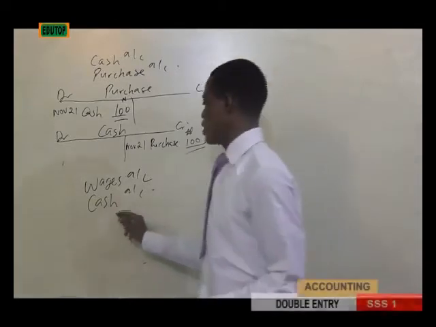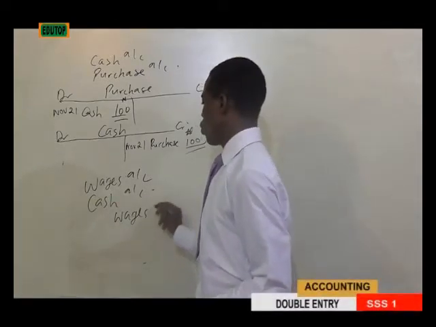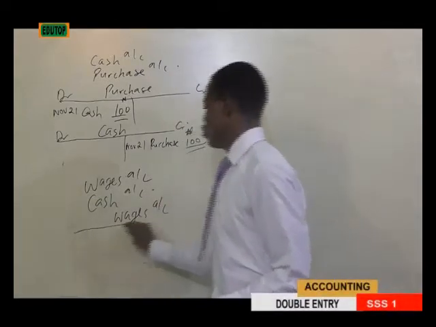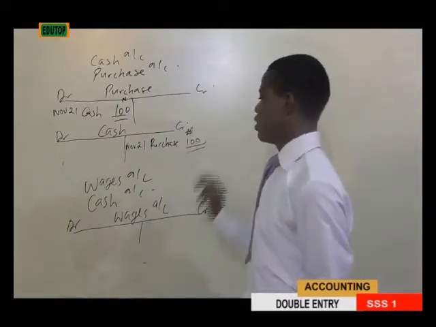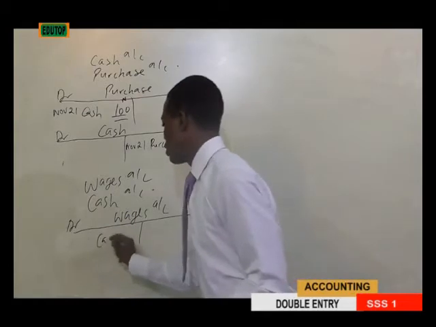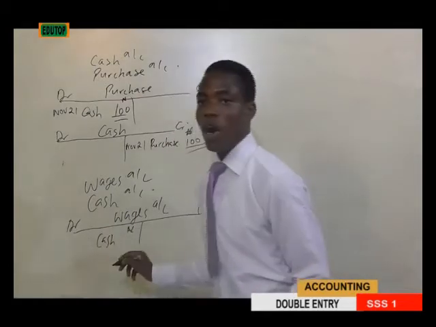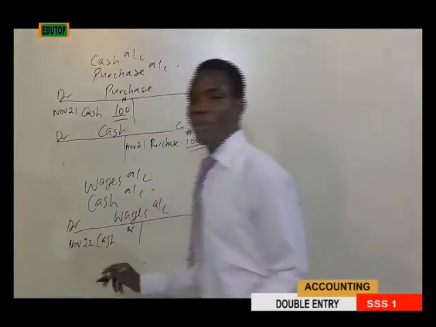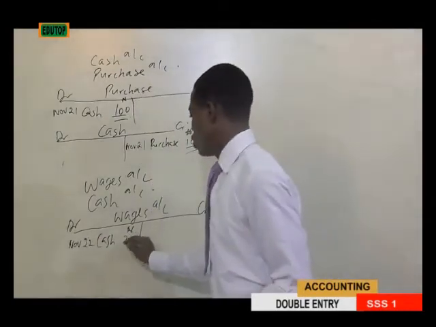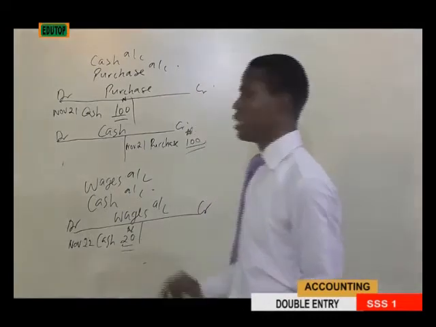Now, when we prepare wages account, you know, when you receive wages, it has to be debited. That means you are the receiver and you receive cash as wages on November 22. How much is it? 20 naira.